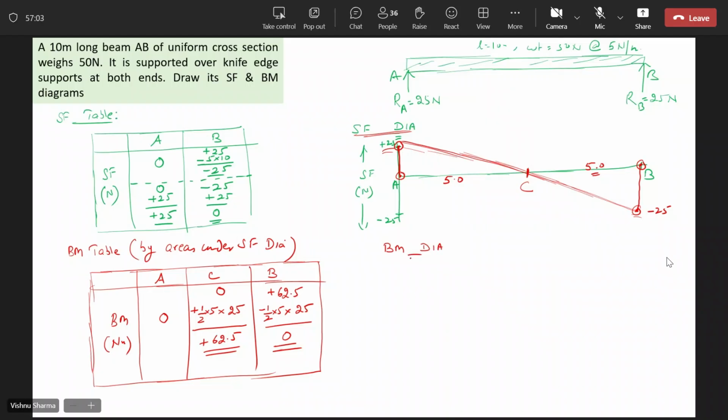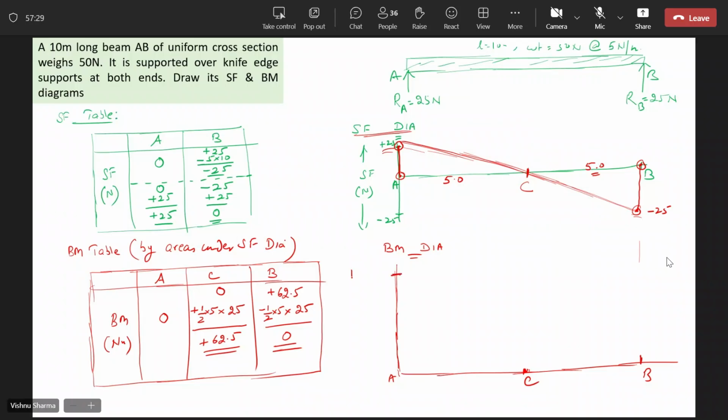BM diagram. I have only 1 plus 62.5, so I don't have to have anything below the x-axis. Why unnecessarily compromise on the scale? I can use a bigger scale if I don't need anything below the x-axis. This is A, below it here is B, and midway between these two is C. And when you have to plot one value, don't break your head.